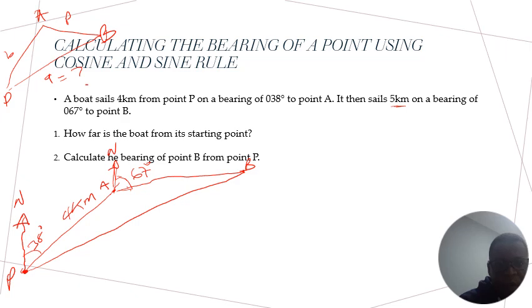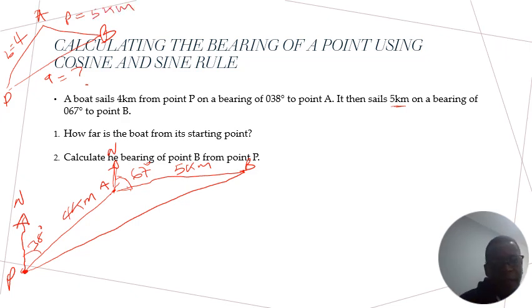Small a, we don't know. It is how far the boat is from P. The side PA is 4 kilometers, and the side AB is 5 kilometers.